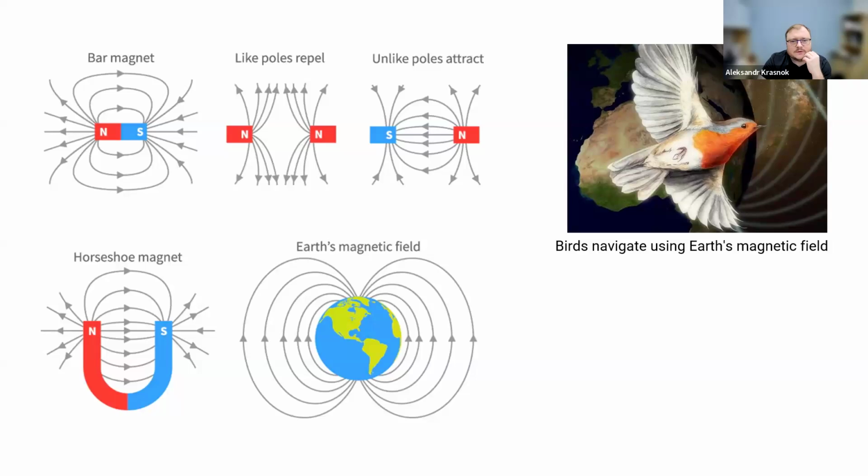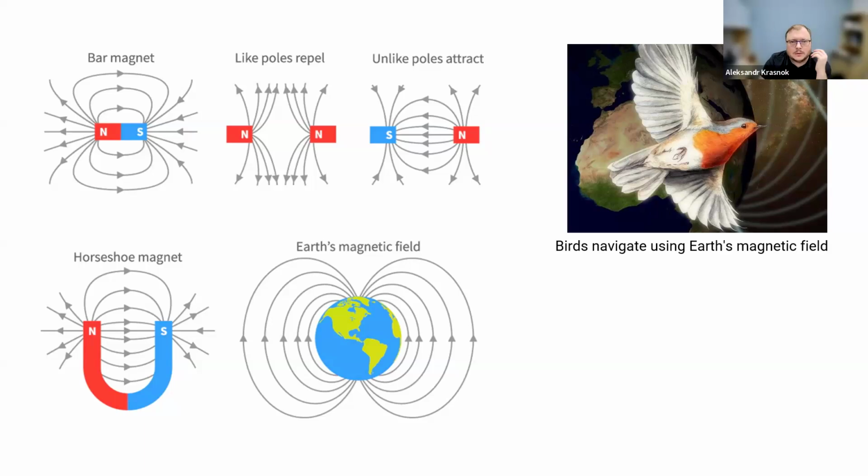This is a fun fact. At the same time, of course, today we've got a lot of electricity systems, machines, things that create strong magnetic field, and that's not healthy and good for birds.